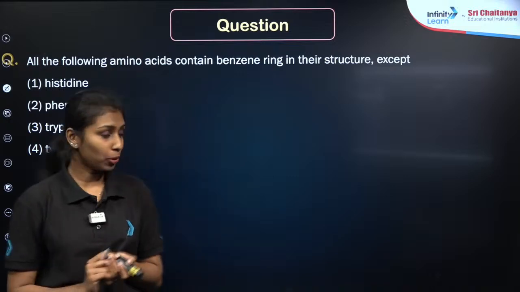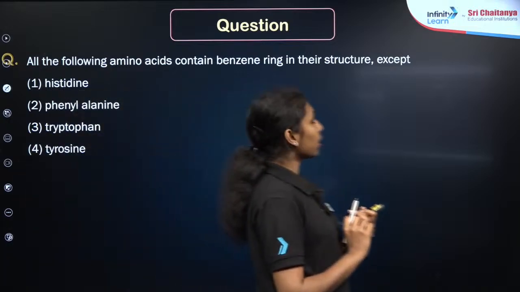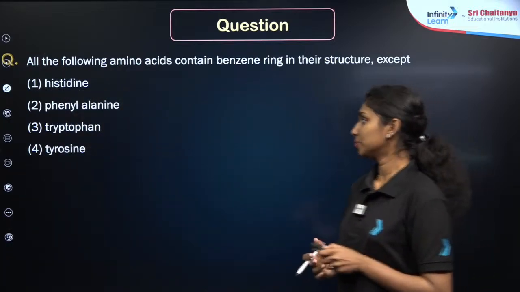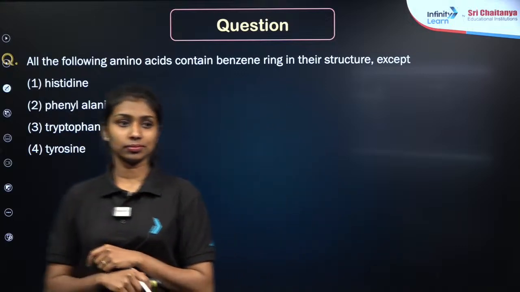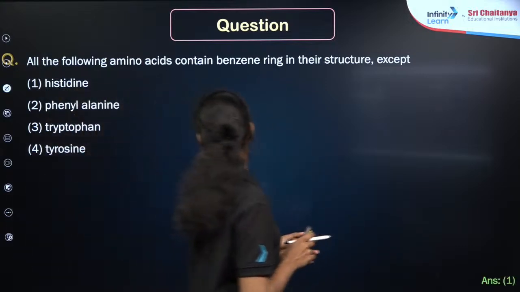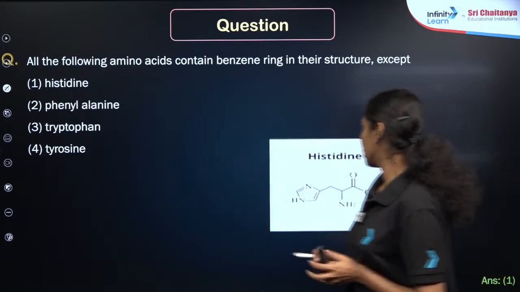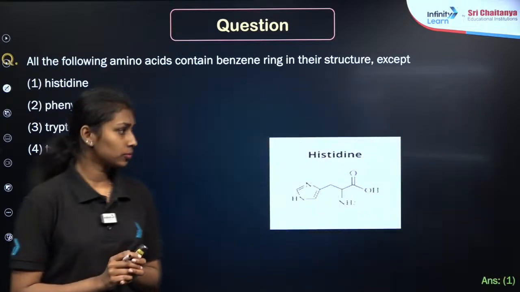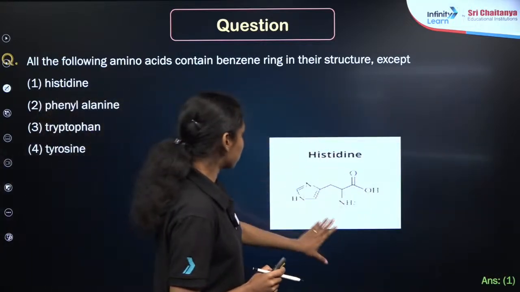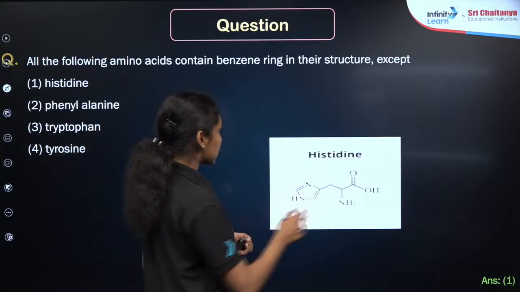Which of the following amino acids does not contain a benzene ring in its structure? Histidine, right? Okay, I hope this image was visible on your screen. This is our histidine structure.